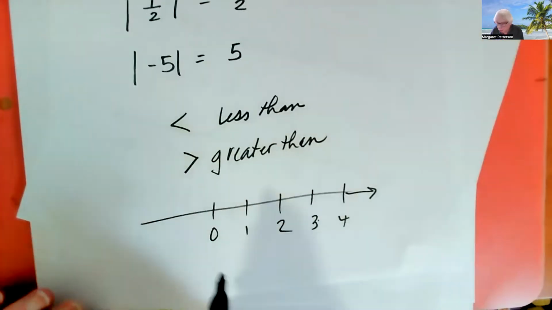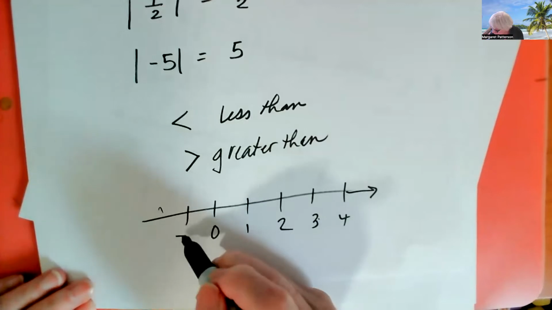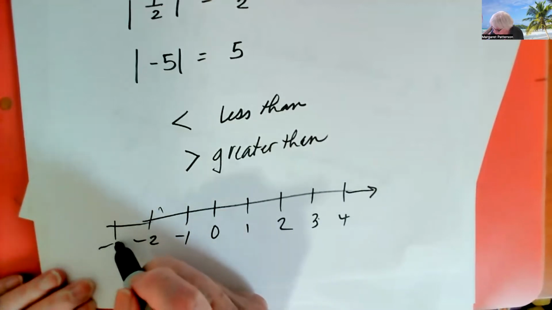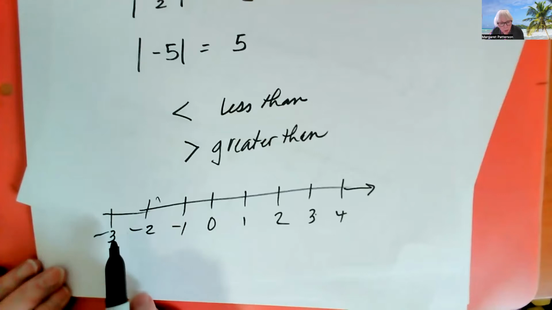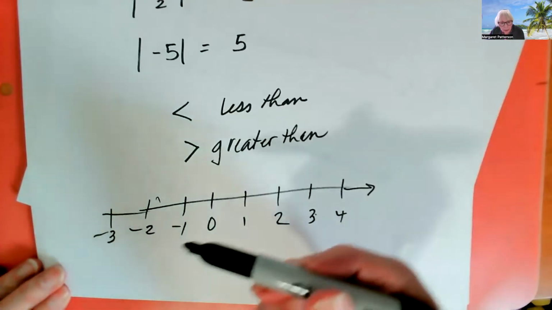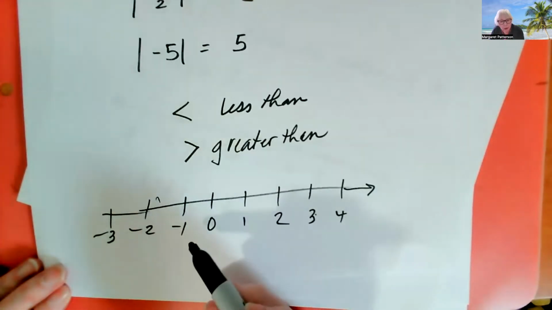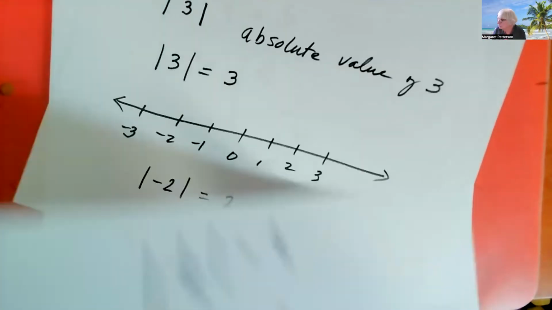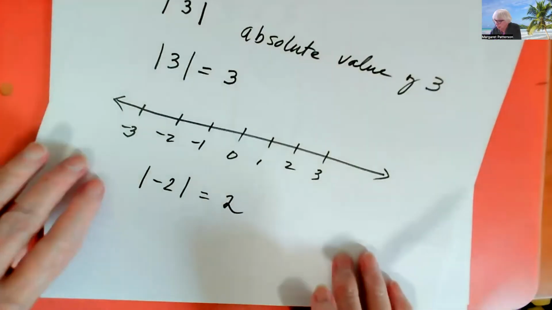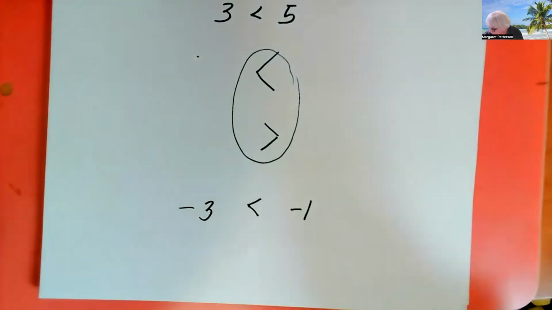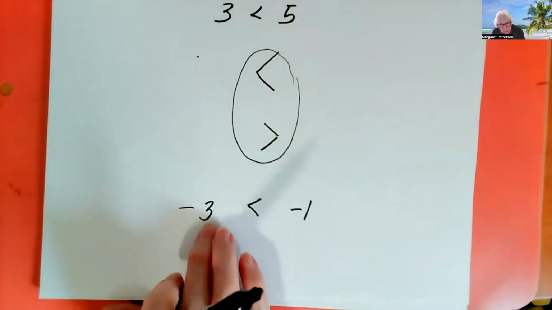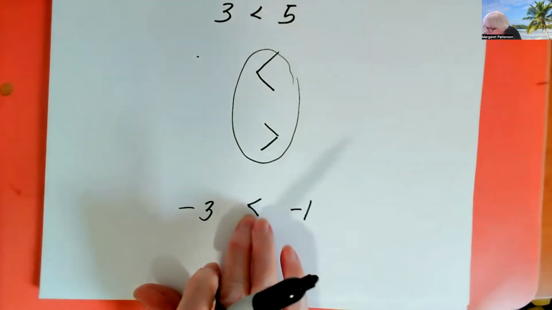Here's the number line, here's -1, here's -2, here's -3. This one's smaller. So -3 is smaller than -1, although they're both negative. It's definitely less than, and that's the correct symbol you have to put in there. Is this smaller? So you say less than.